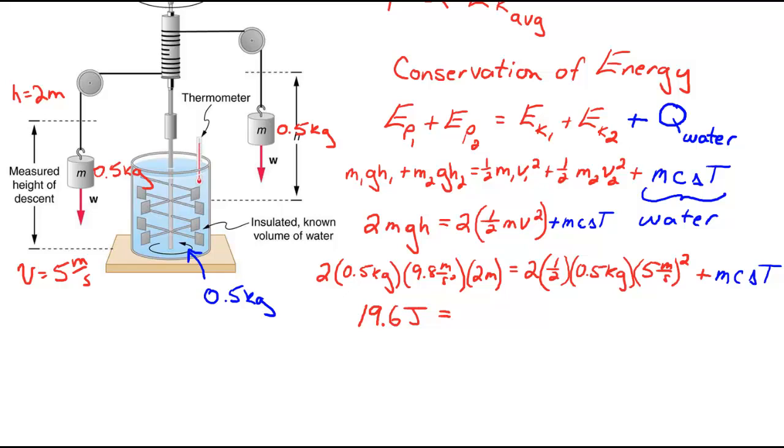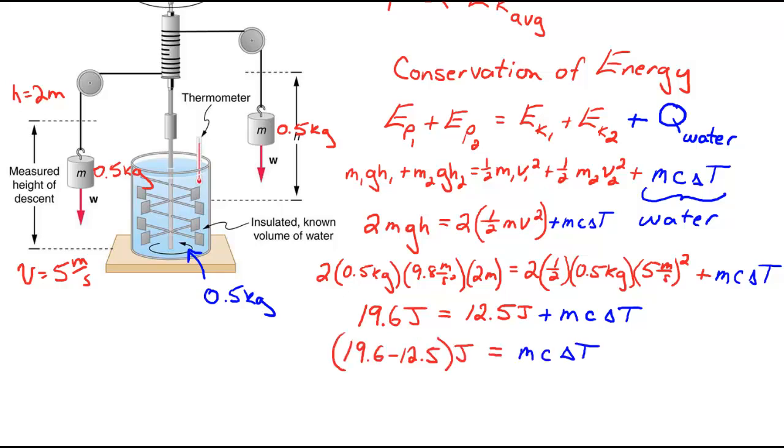The left-hand side becomes 19.6 joules, while the right-hand side becomes 12.5 joules for our kinetic energy component, plus our mc delta t. So our thermal energy, which we denote as Q, is going to end up becoming 19.6 minus 12.5 joules. So we get 7.1 joules is equal to mc delta t.